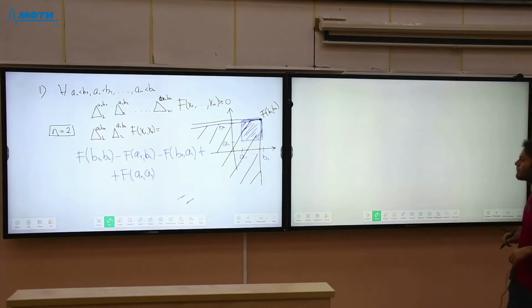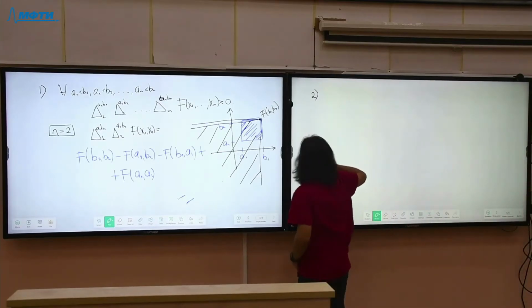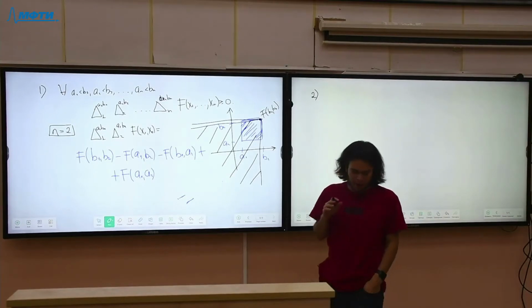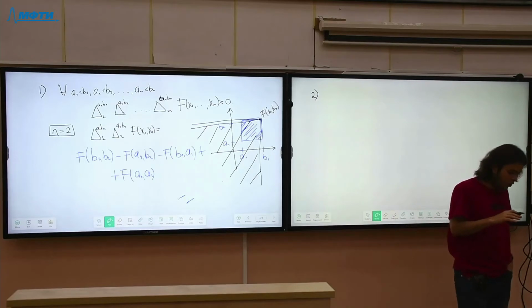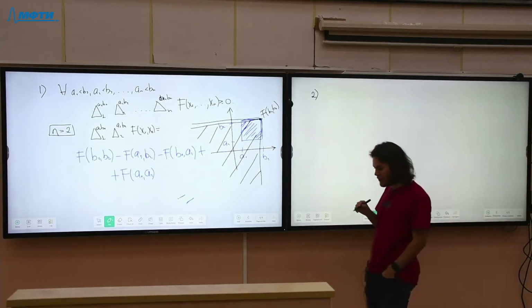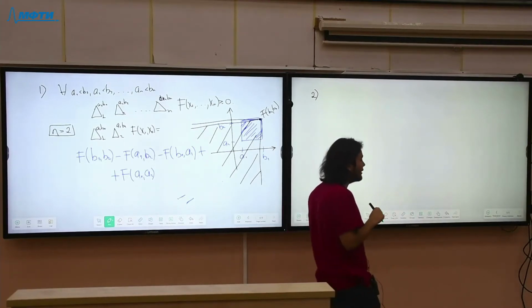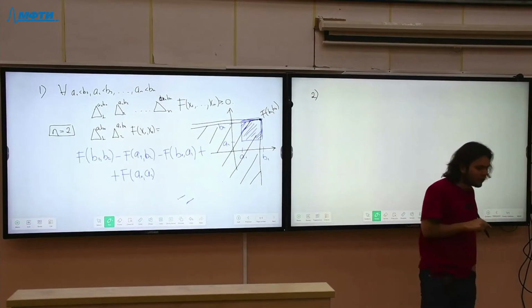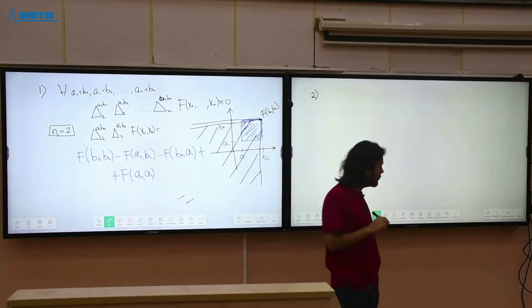Now we continue with the second property. So if you remember, when we talk about the CDF in the one-dimensional case, we say that the limit of this function when x tends to infinity tends to 1, and the limit of this function when x tends to minus infinity is 0, right?